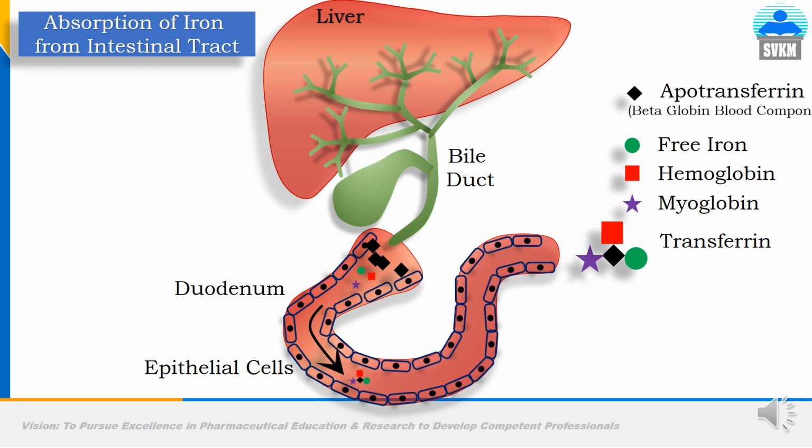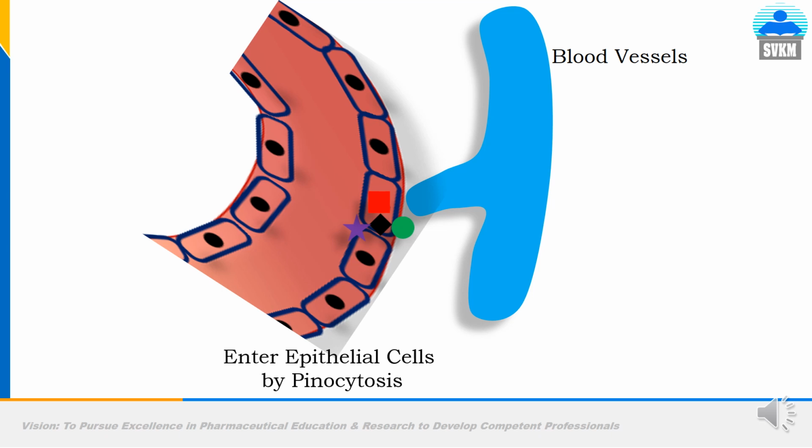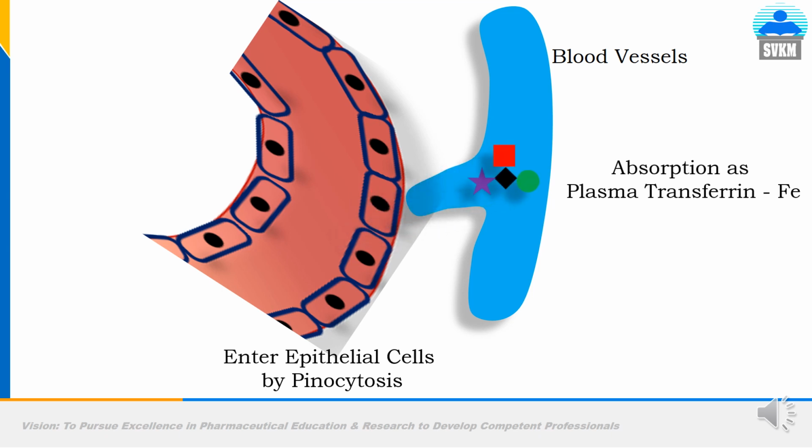This transferrin is again combined with the epithelial cells by the pinocytosis process, and it enters the blood plasma as plasma transferrin, which contains the iron atom Fe+.